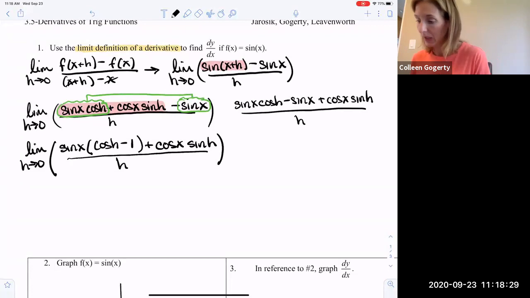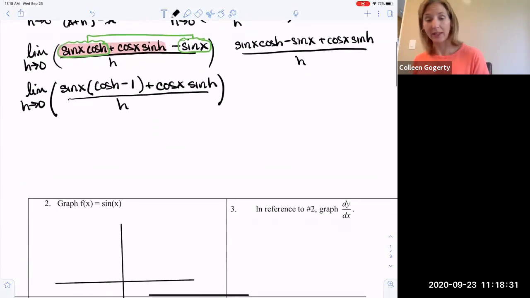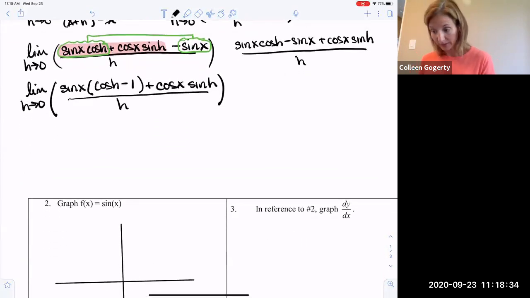Okay, now what the heck is happening here? Well, we're still playing around with trig. I feel like we're doing a trig identity from last year. We're still trying to maneuver this and make it look like something we can work with.